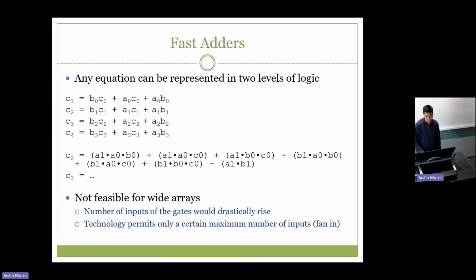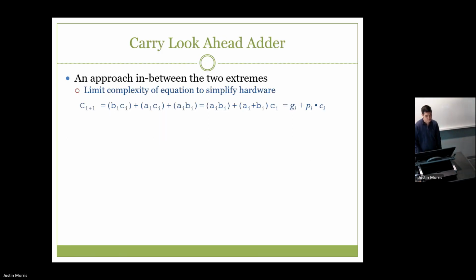We need to limit how many inputs go into a gate. So there's this in-between approach that is going to limit the complexity of these equations in order to simplify our hardware and give us fewer gates with that large amount of inputs. And we're going to call this implementation a carry look-ahead adder.